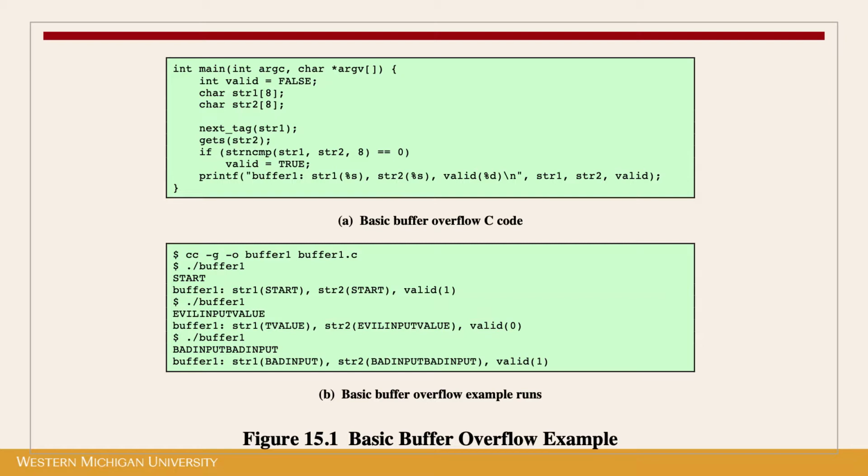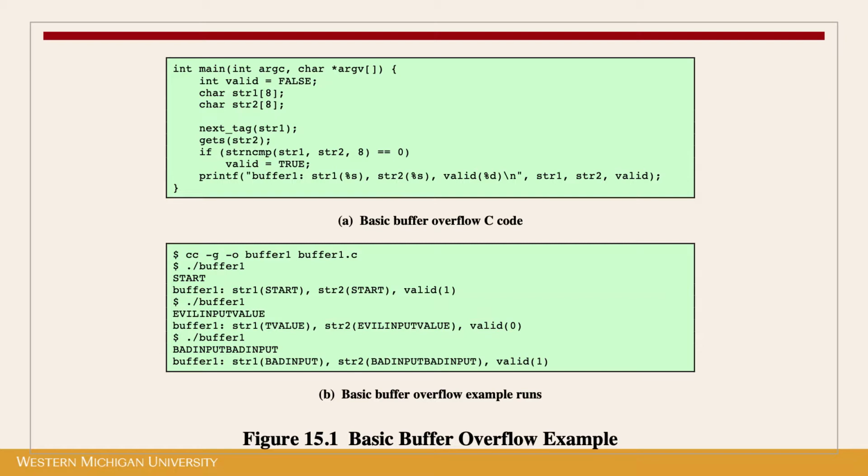And all we're trying to do is have the user supply another string, string 2, and we're going to compare the two strings, and if they're the same, we'll set the valid flag to valid and report that the two strings were the same. If not, we'll report what the strings are and that they're not the same.